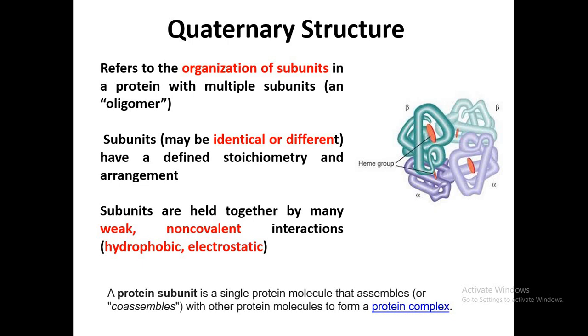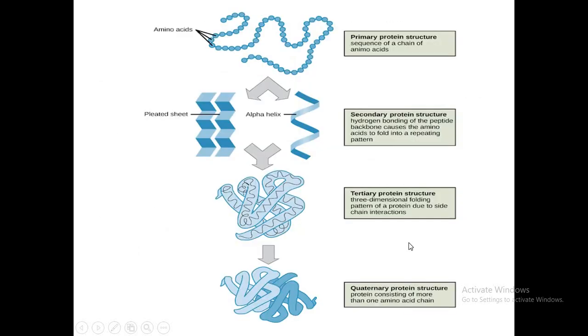So what is a quaternary structure of a protein? It is the assembling of independent subunits of a protein via different weak non-covalent interactions. So till here we have completed all the different structures of a protein.